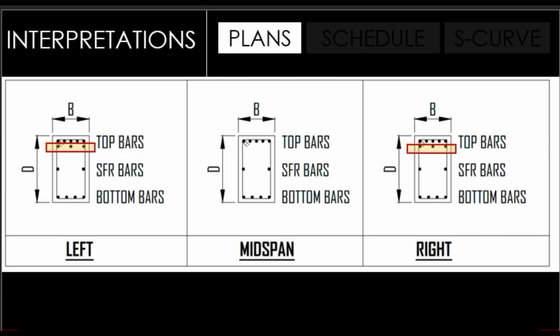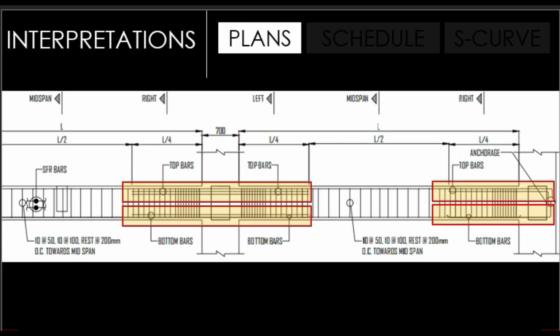Next, for this typical beam detail, we notice that the number of top bars at the left and right support is 8, while the top bar at midspan is 5. The excess 3 from the left and right support is called the discontinued stiffener bar, and the excess 2, which is labeled SFR bars, are called the continued stiffener bars.